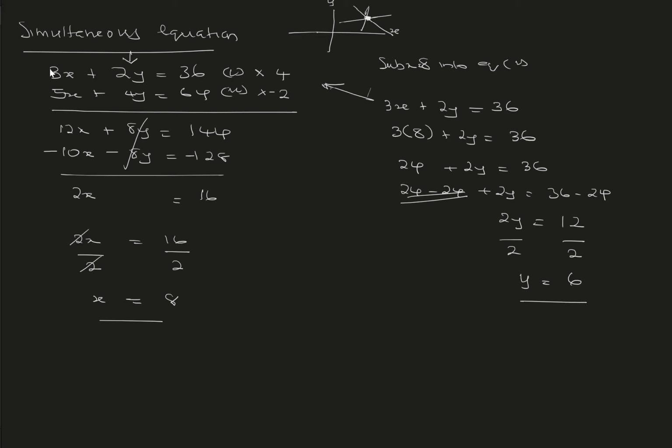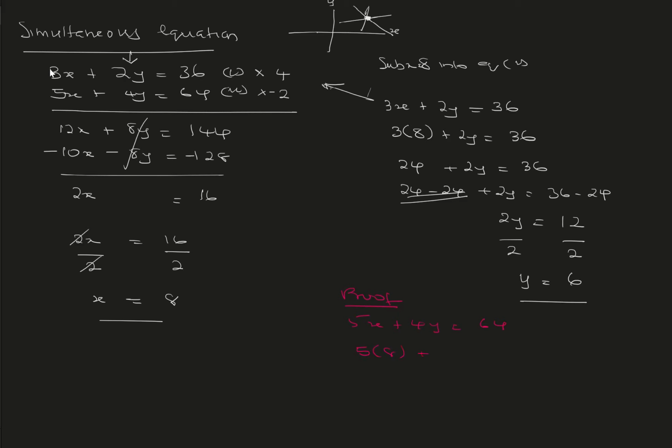Okay, and always get into the habit of trying to prove that what you've done is right. So you remember we used equation number 1 for solving. So we're going to use equation number 2 for proving. So 5x plus 4y equal to 64. So try to show proof that what we've done is correct.